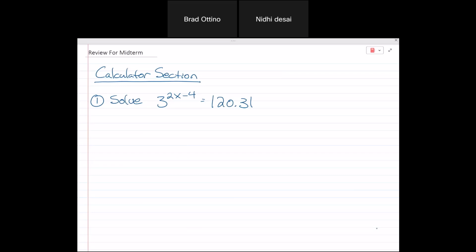So for a problem like this, what I'm going to do is take the log of both sides. And what that enables us to do is bring the power down.